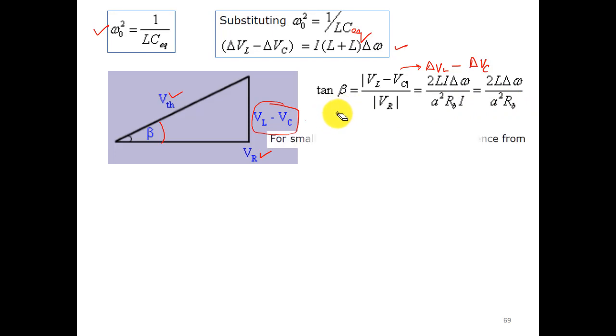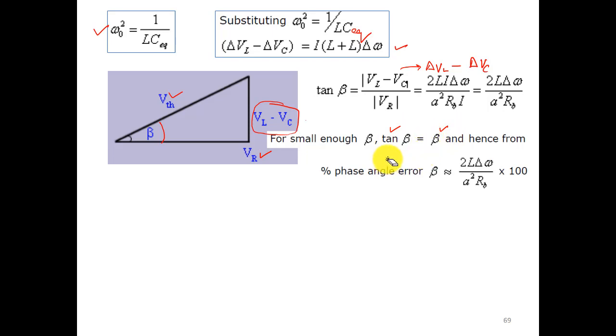And we know that beta, the phase angle error, is very small. Therefore tan beta is approximately equal to beta, and hence we can write percentage phase angle error beta is equal to twice L delta omega by A square RV into 100. This is the percentage phase angle error.